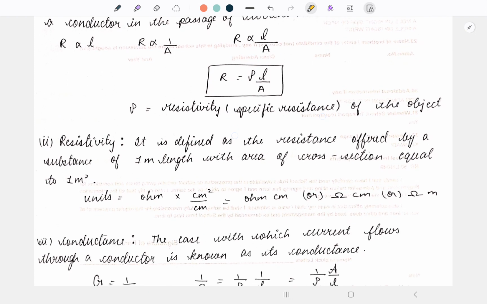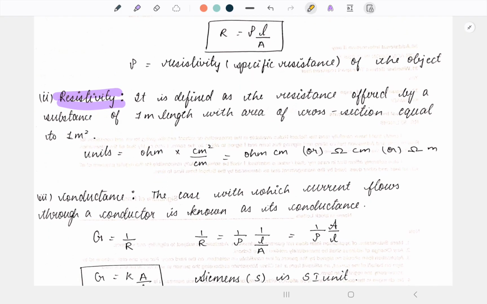Now we'll study what is resistivity. Resistivity is defined as the resistance offered by a substance of 1 meter length with area of cross section equal to 1 meter square. If we take the length to be 1 meter and area to be 1 meter square, then we'll get the resistivity of a substance.